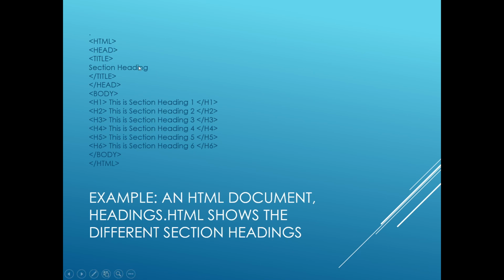You can see the code of the heading tag. It is an example of a heading tag. As we have discussed earlier, HTML starts with the HTML tag and ends with the HTML tag with a forward slash. It has two parts, head and body. The head tag contains the title.